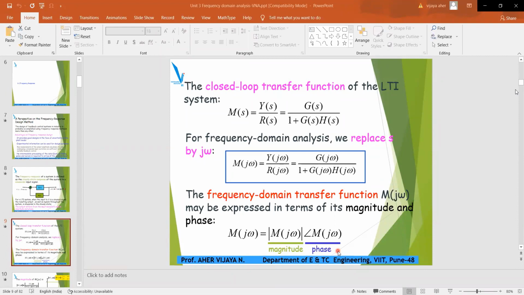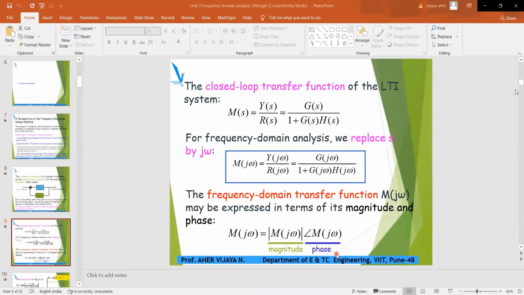Got it? So in frequency domain analysis, you can express your transfer function in terms of magnitude and phase. Magnitude is equal to mod of M of j omega. You have to take mod of G of j omega divided by 1 plus G of j omega into H of j omega, and you will get the magnitude of M of j omega. Take the angle of this M of j omega, you will get phase phi.